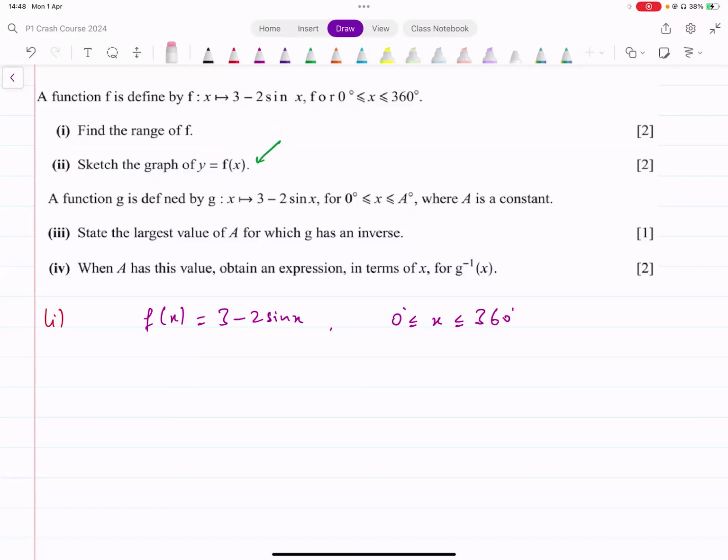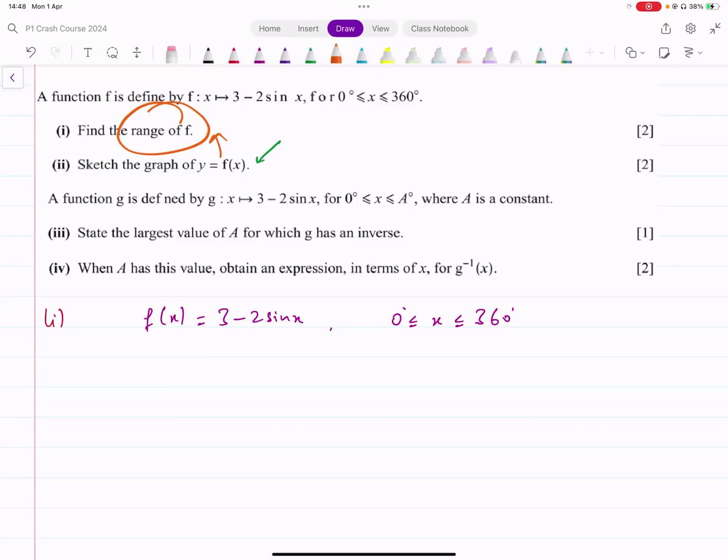So you could do the second part first, sketch the graph using the table function on your calculator. Remember, we've done that in trigonometry, how to make a table in your calculator using the table function for this domain. Once you have drawn the sketch, then you can write the range afterwards.